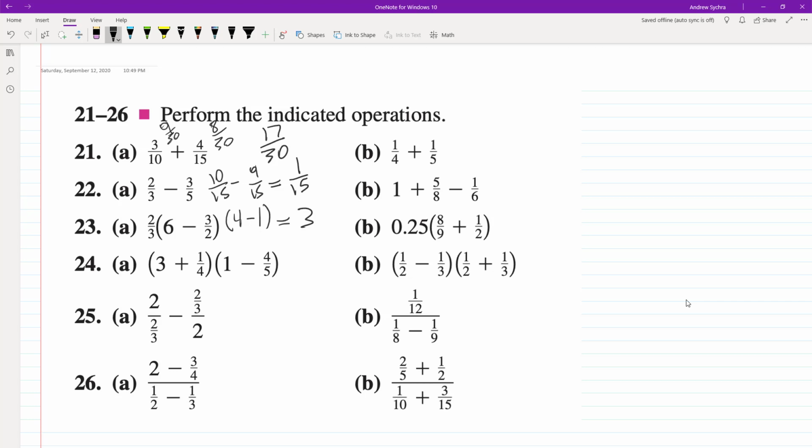All right, so FOIL here. First, outside, inside, last. So we're going to get 3 minus 12/5. Yikes. Plus 1/4. I don't think I'm going to be able to read this. Minus 4 over 20.